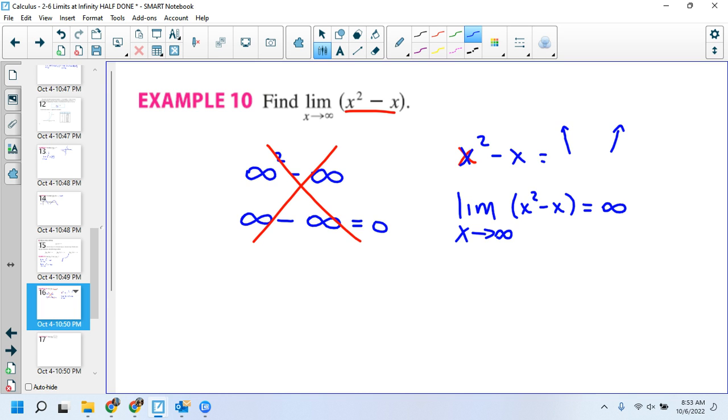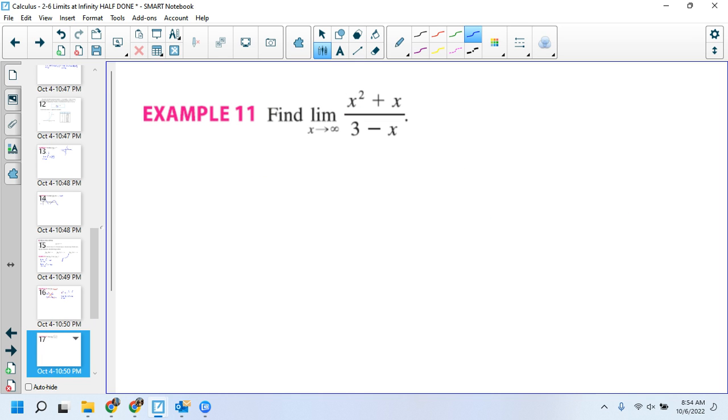Coincidentally enough, it also goes to infinity on the left side as well. But it didn't ask us about that. It only asked us to find the limit as x goes to infinity. It's not going to converge to one thing, but it's also not going to oscillate like sine did. Take a look at this last one we got here.